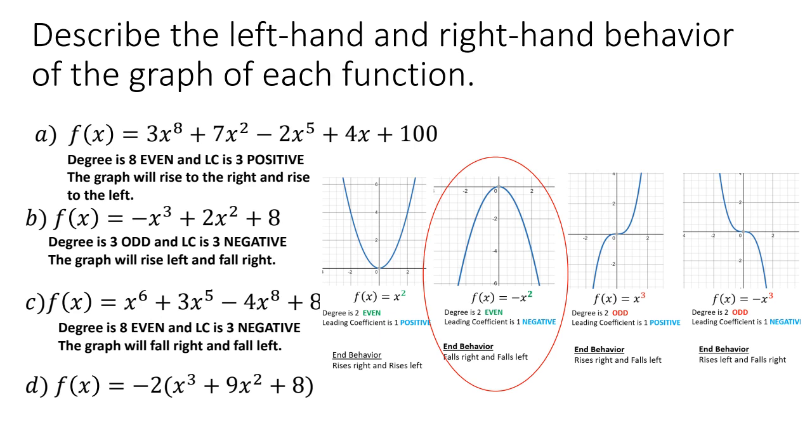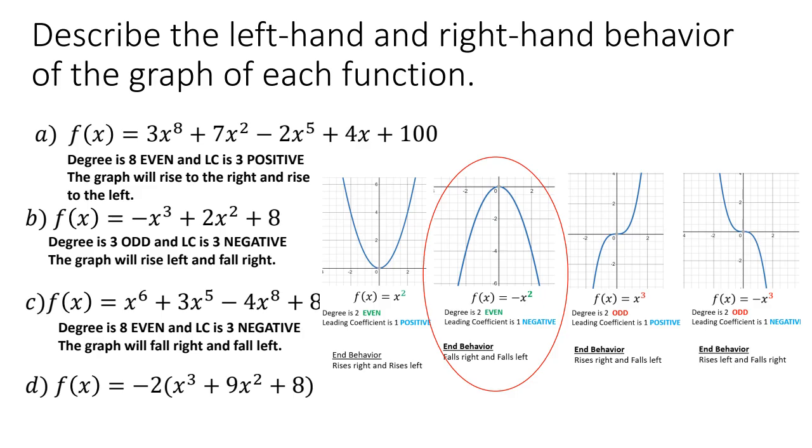So I look, what's my highest exponent here? My highest exponent is a 3. So that means that 3 is an odd number, so I have an odd function. Now, where I do have to think about this factoring of the negative 2 is that if I would give it back to this, my leading coefficient for this one would be a negative number.